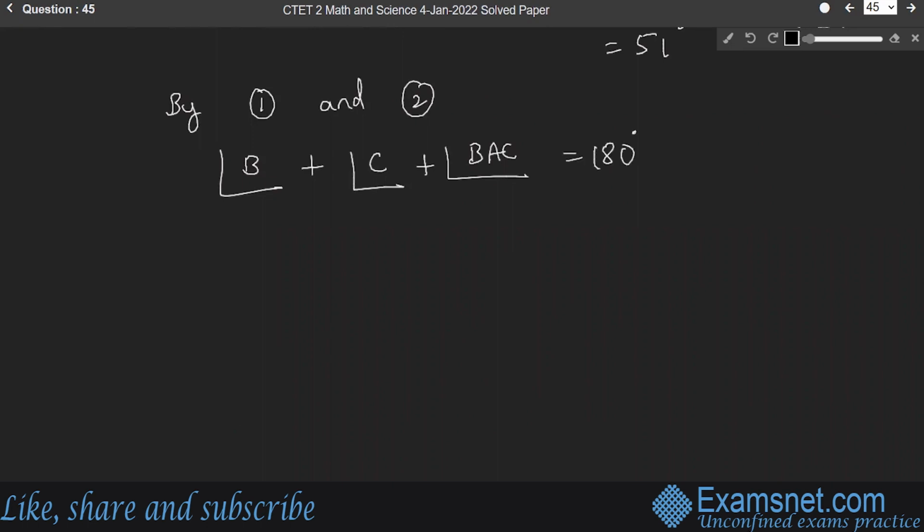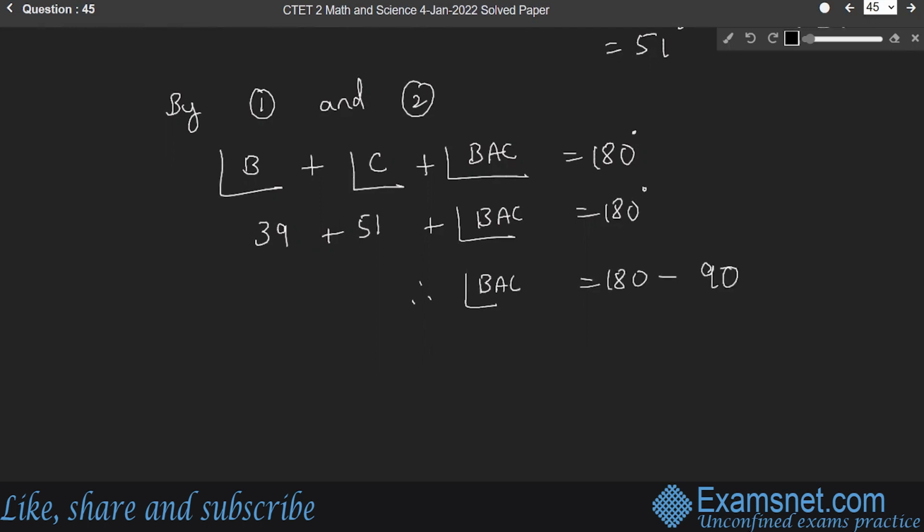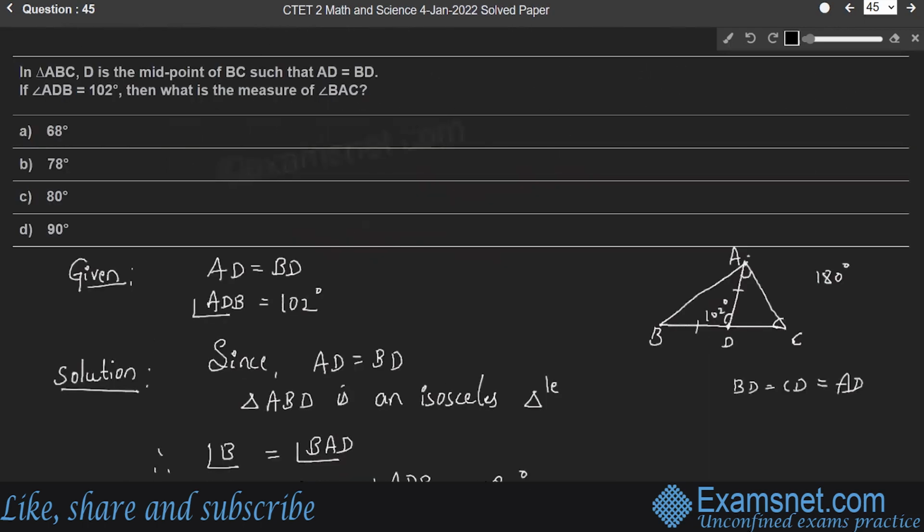So angle B is 39 degree plus angle C is 51 plus angle BAC is 180. Therefore, angle BAC is equal to 180 minus 90, which is equal to 90 degree. Hence, option D is the right answer.